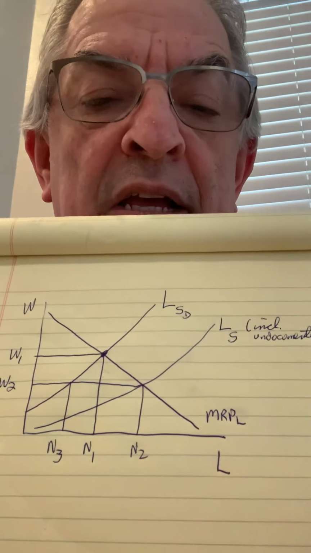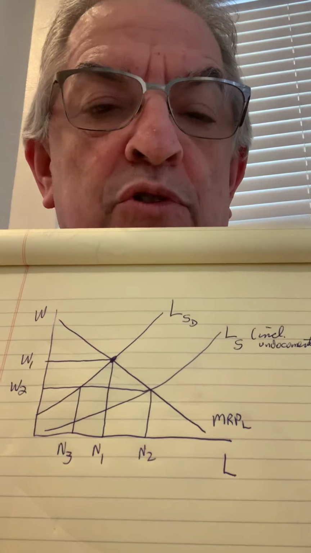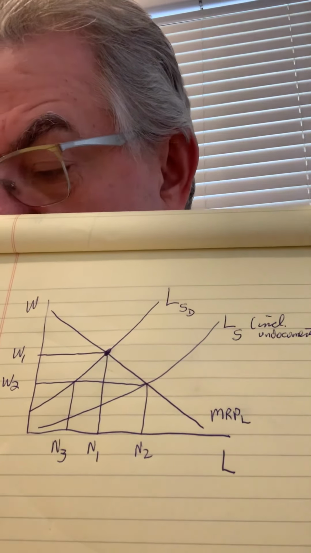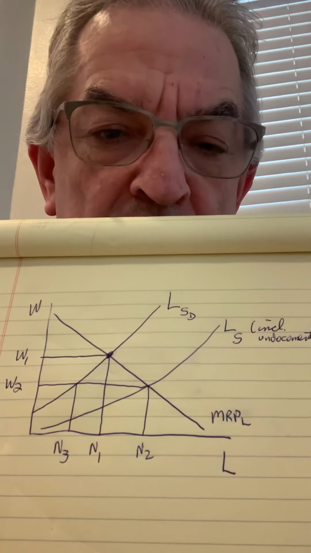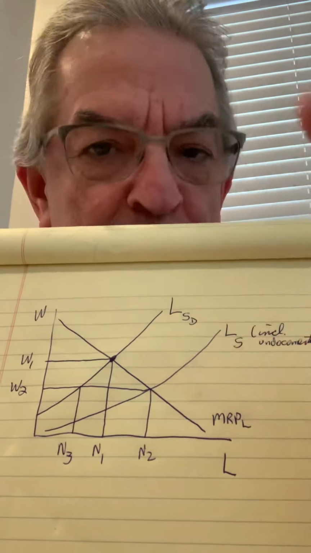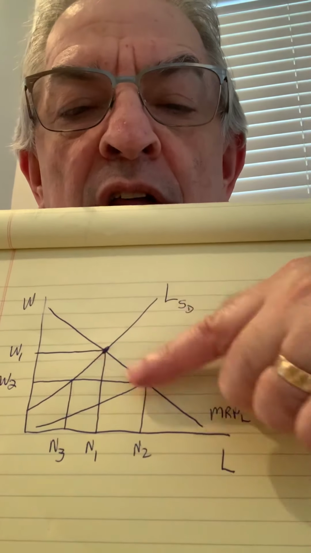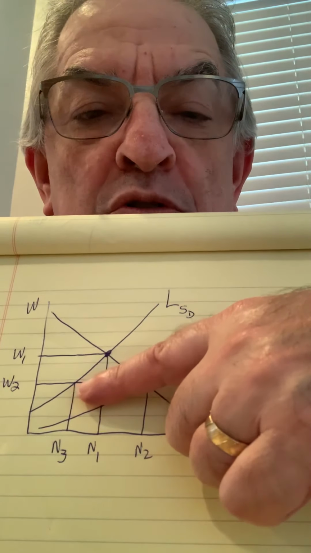Okay. So the question is, have immigrants taken any jobs away from native born? They have not taken any jobs away from the native born, but what happens is, as a result, but indirectly, maybe you can say that they have, because the increase in labor supply reduces the wage to W2.